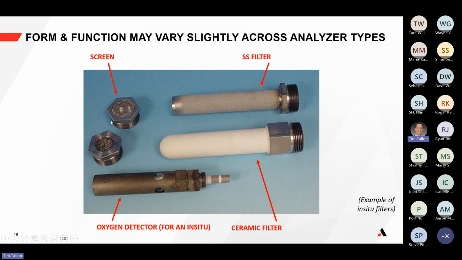If you were to add a filter, there's a stainless steel filter that would support the diffusion flow through to make contact with the zirconium oxide cell. There would be the ceramic filter as well that could attach for higher temperatures. So the form and function really vary based off of the analyzer type and also the application.